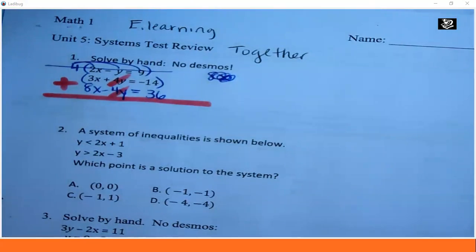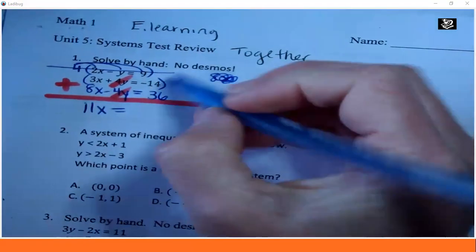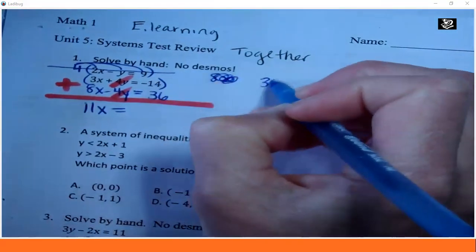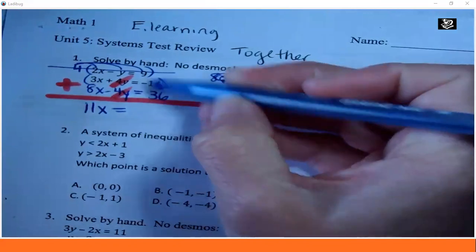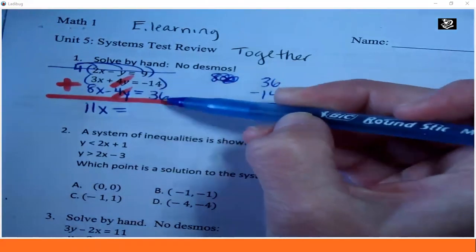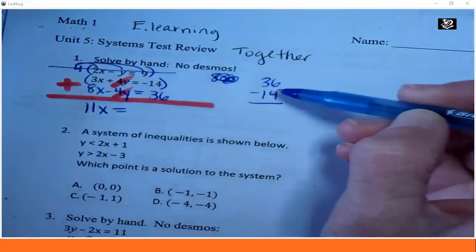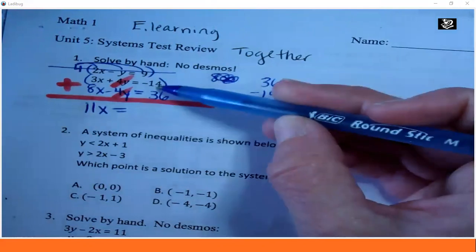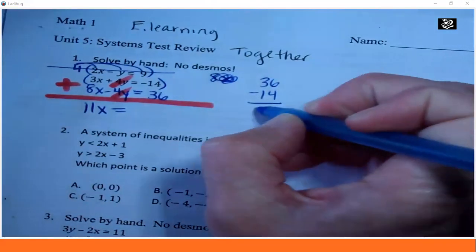Elise, what do I do with the negative 14 and 36? Since one's a negative, you are kind of subtracting them, or you could say negative 14 plus 36. But since we don't have a calculator, we're going to do 36 take away 14, which gives me 22.